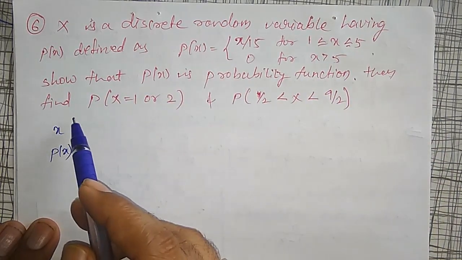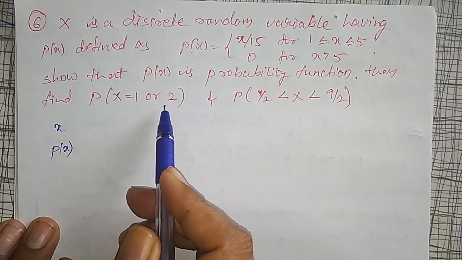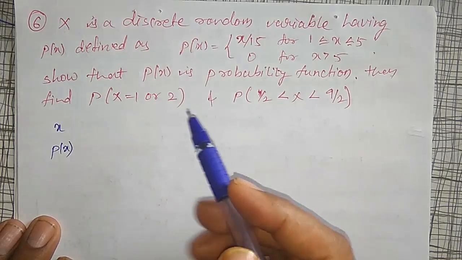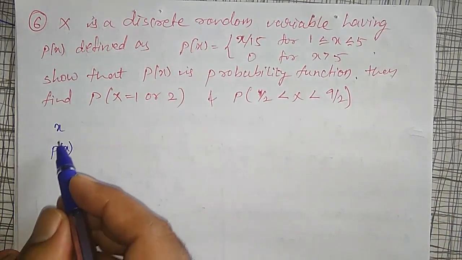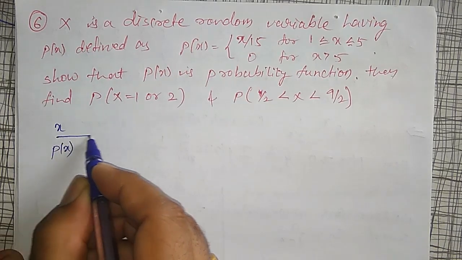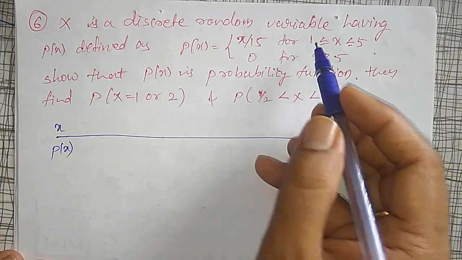Then find the probability of x equal to 1 or 2, and the probability lying between 1 by 2 and 9 by 2.